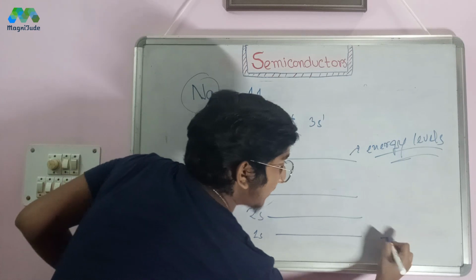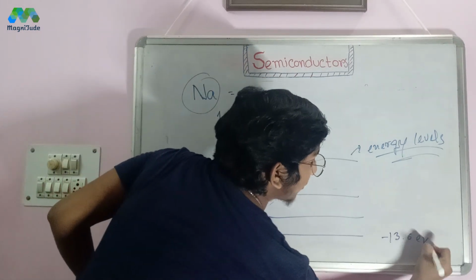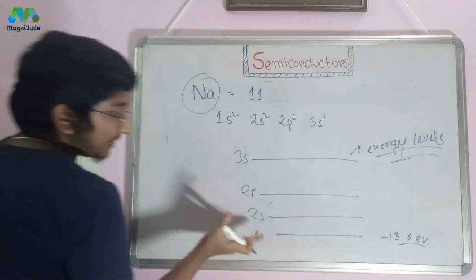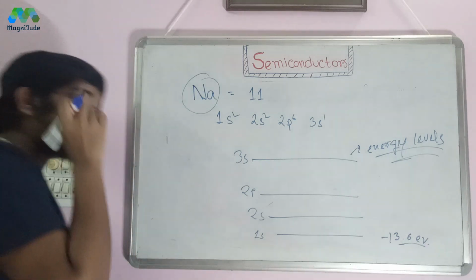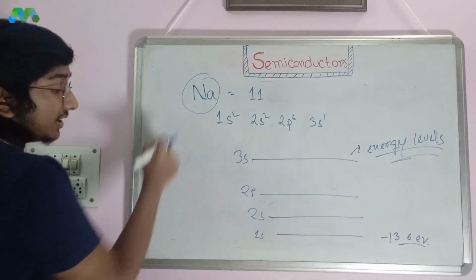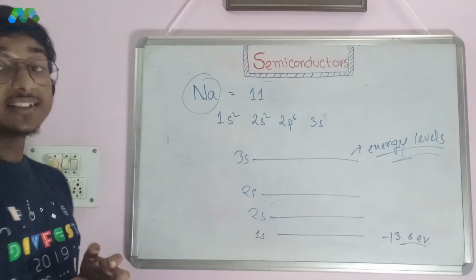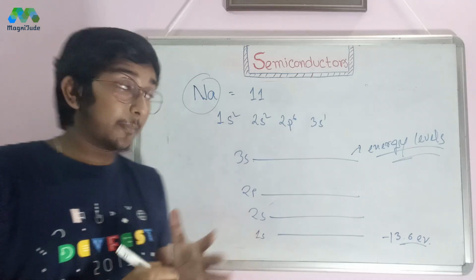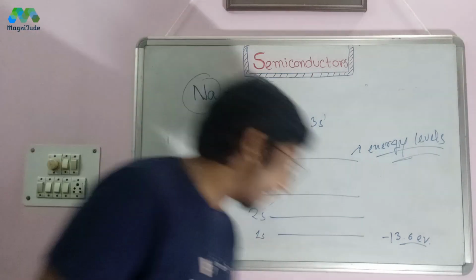The first line, the 1s line, is exactly minus 13.6 electron volts. In isolated atoms it is always discrete, but this doesn't happen when the sodium atoms are in a crystal format.